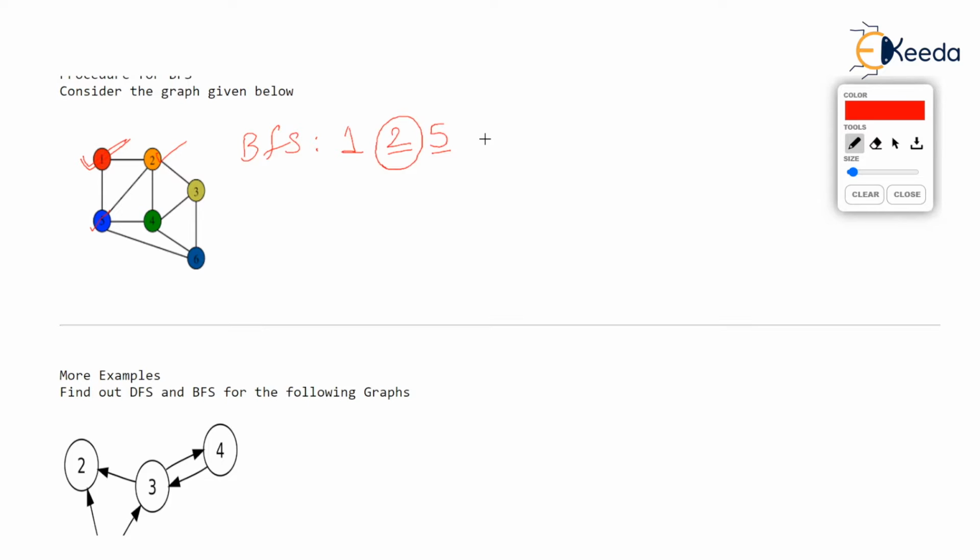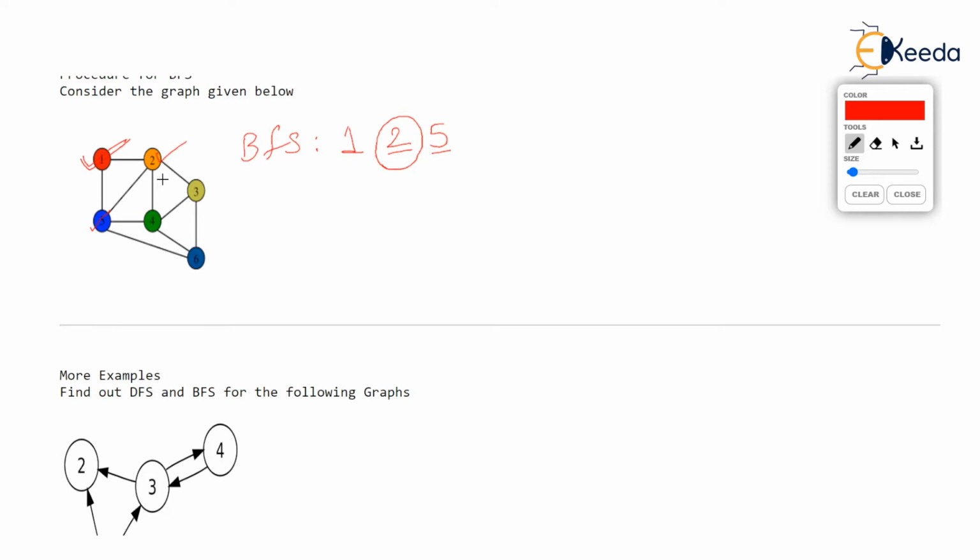Now the process on 2 is, see the neighbors of 2. The neighbors of 2 are 1, 3, 4 and 5. Then print all of them. Yes, all the neighbors of 2 will get printed, but you should print only those neighbors which are not yet visited.